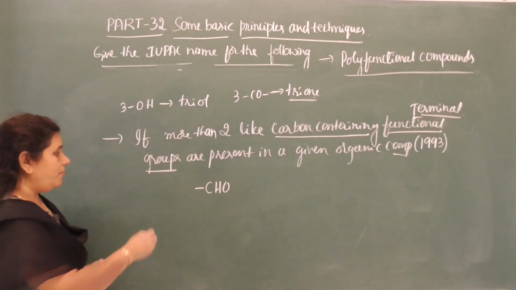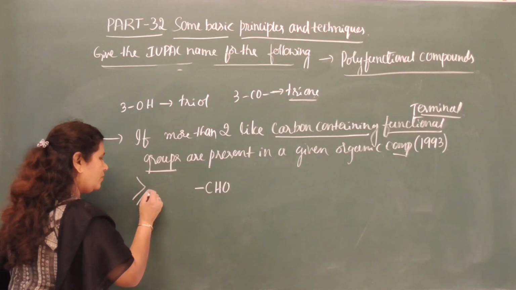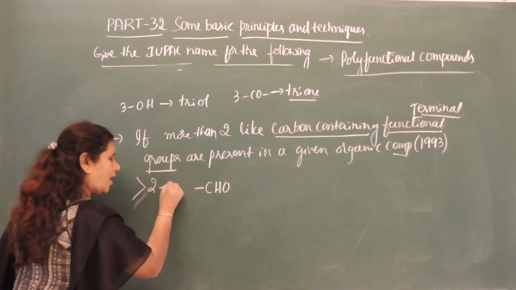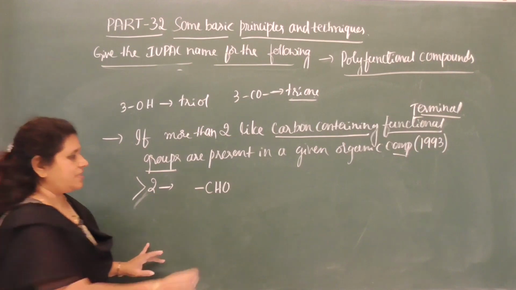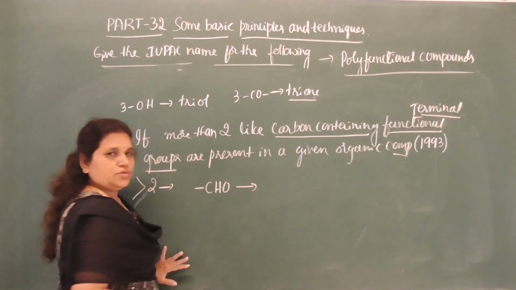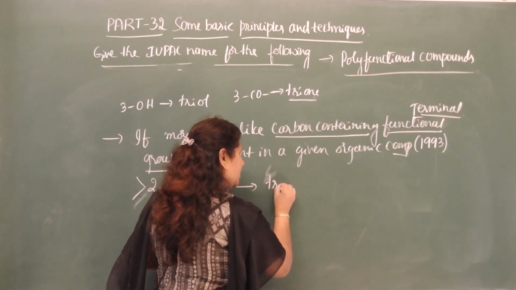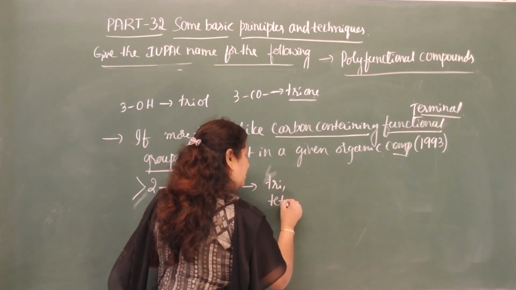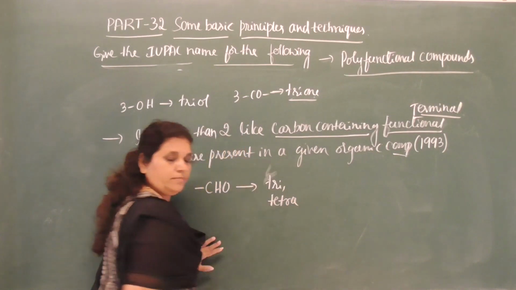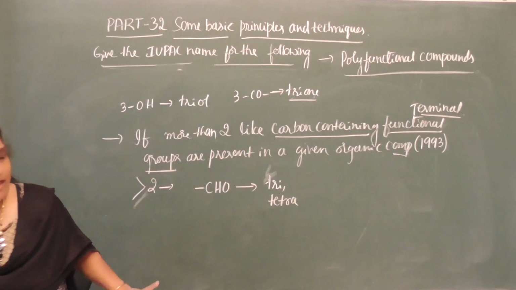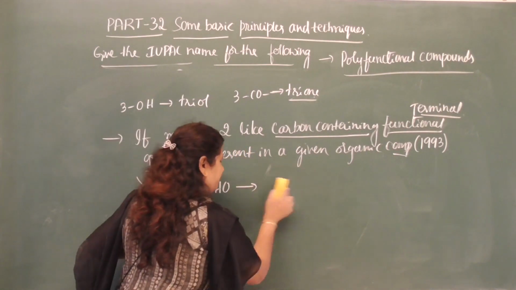So if more than 2 aldehyde functional groups are present, then we have to use 3, that is tri, or tetra or penta. You can use any of the prefixes here.